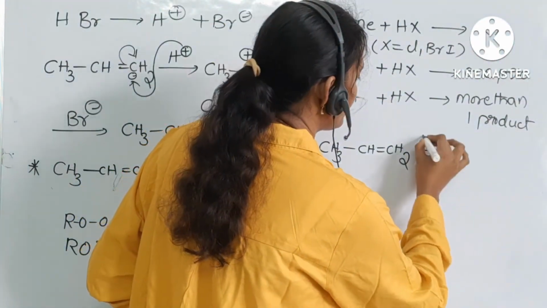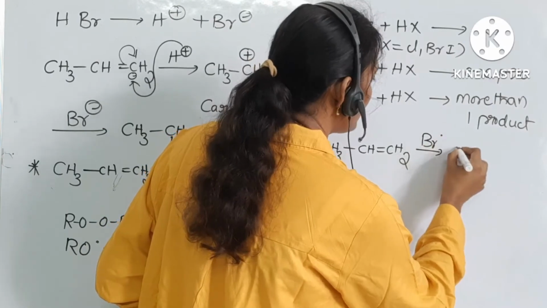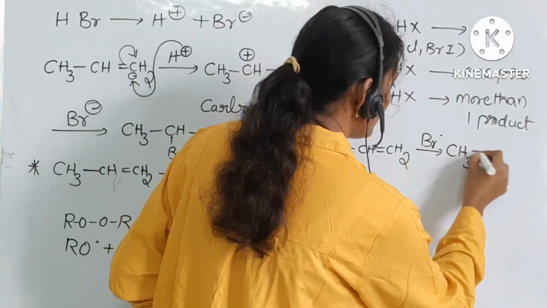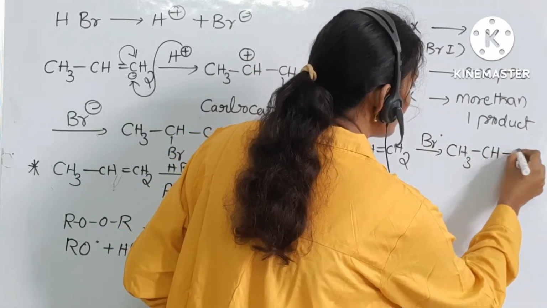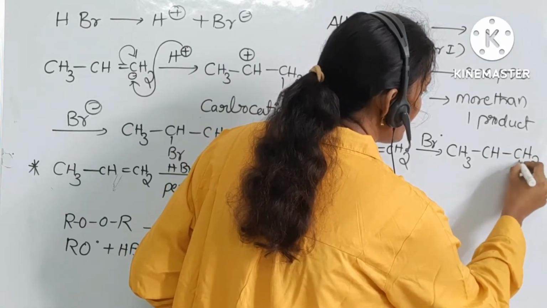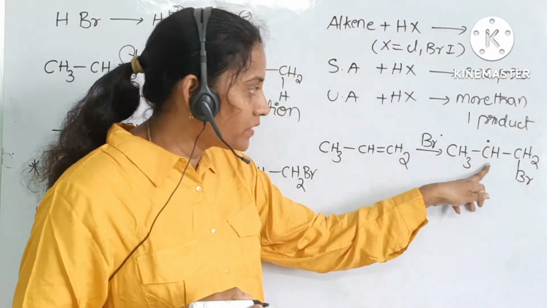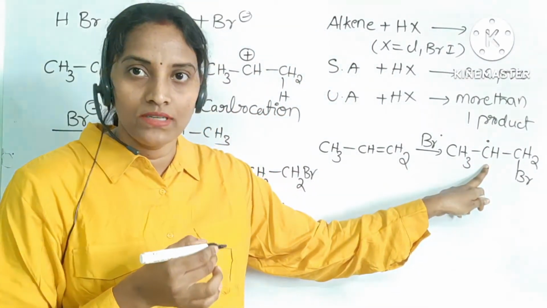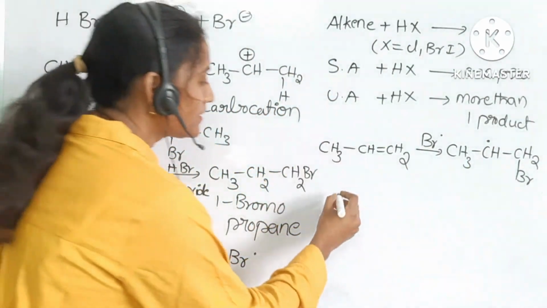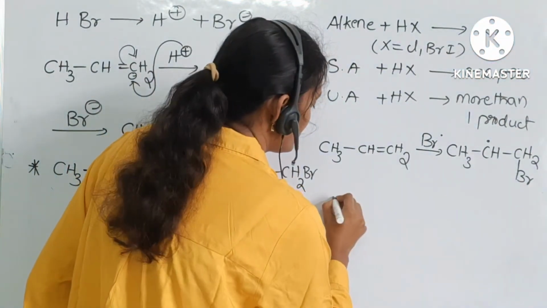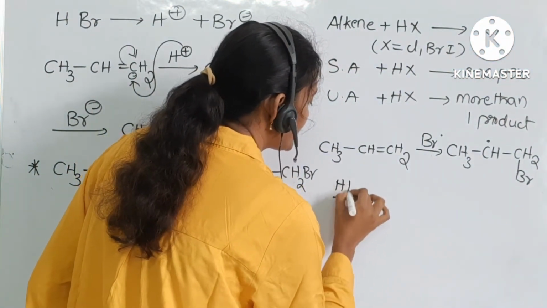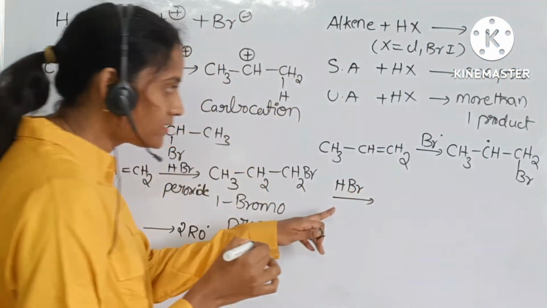Then this is Br radical, CH3 CH CH2 Br, and then again a free radical will be formed at the middle carbon atom. After that, one more HBr is involved in this reaction.